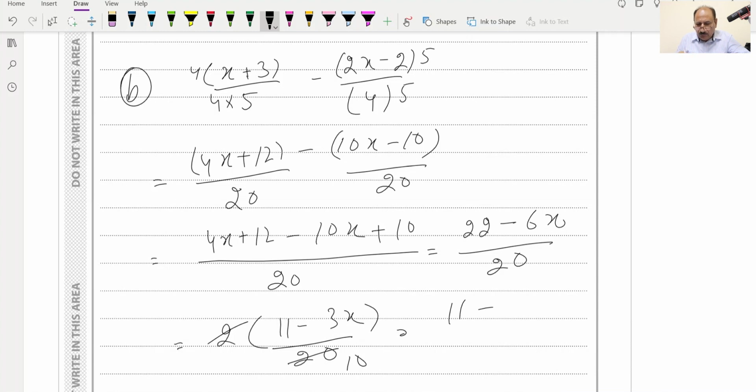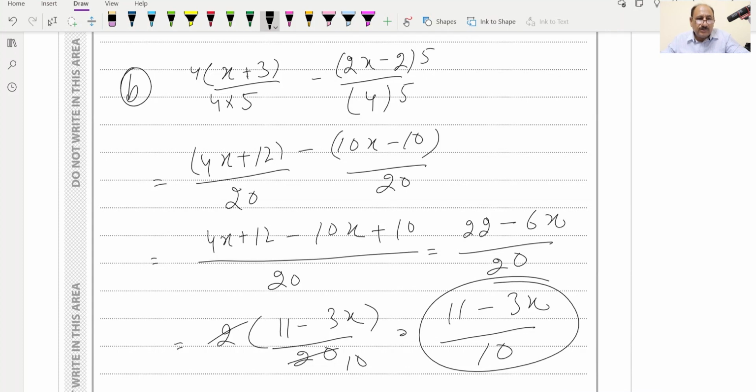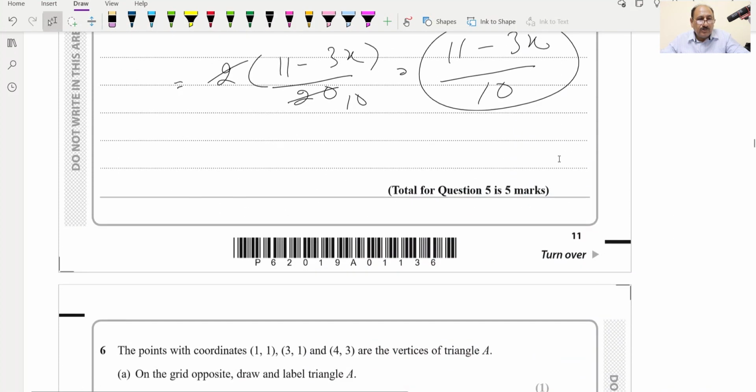So 11 minus 3x divided by 10, this is the answer. We can use other methods also, but this will also work.